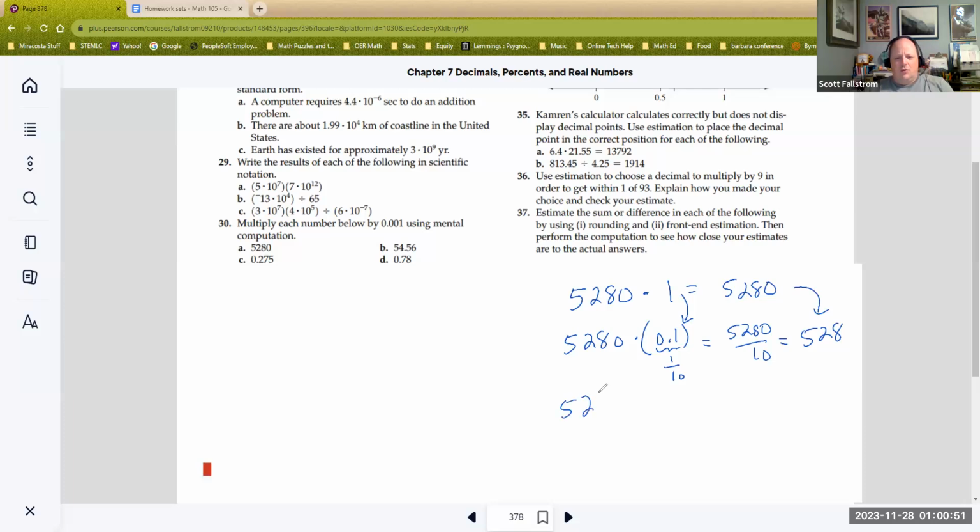We'll do one more just to get you to that stage. Then from that point on, you'll probably be okay multiplying, but let me know. So now I'm going to say what happens when I multiply by 0.01. Well, 0.01, you can think of this as 1 over 100. 1 over 100 becomes 2 decimal places.